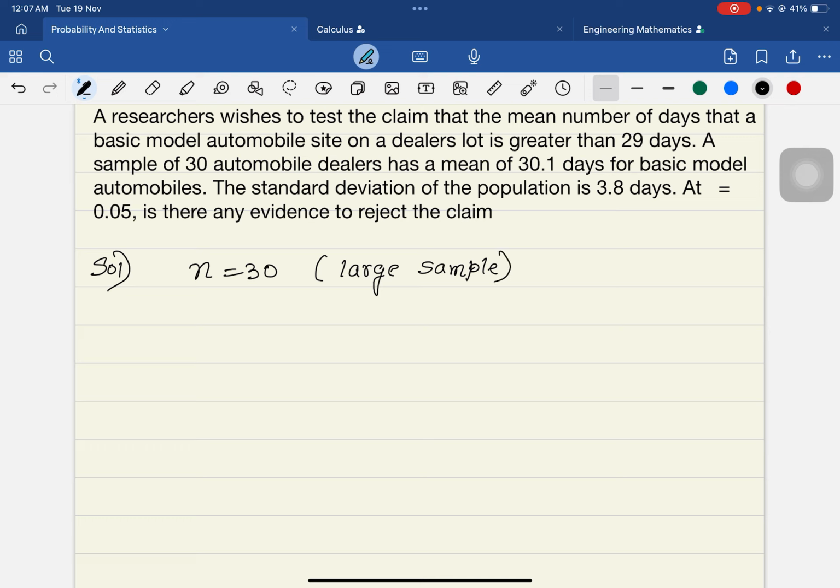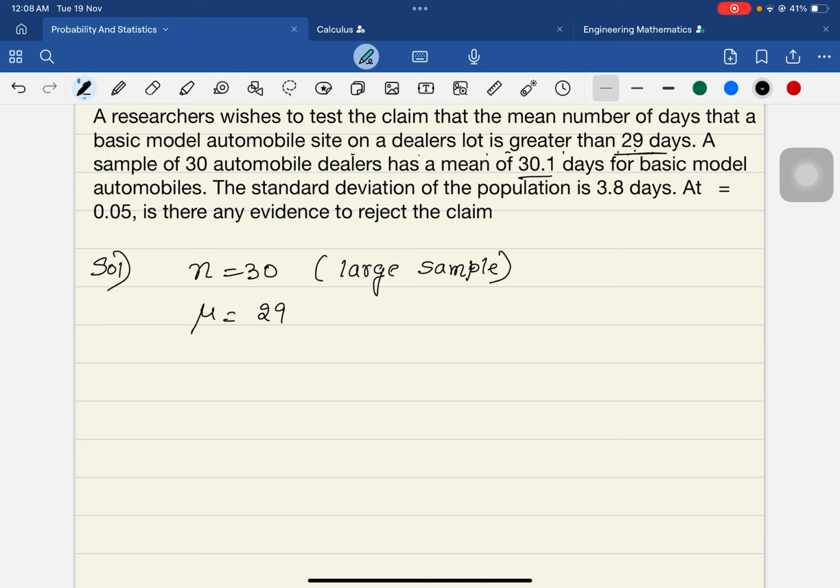And then what was given? It has a mean of 30.1 days. The claim is that the lot time is greater than 29 days. So what is mu here? The basic model automobile sits on the dealer's lot for more than 29 days, so the population mean is 29 days. And what is your x bar here?